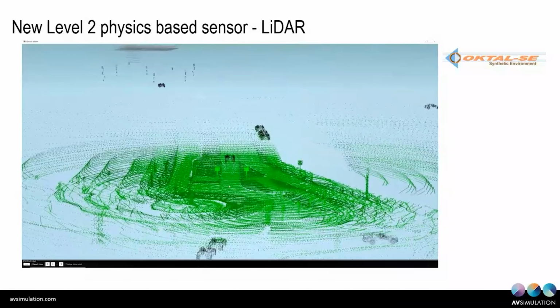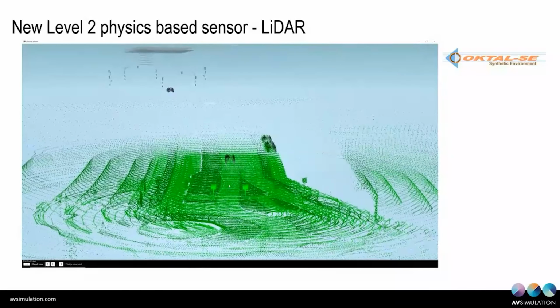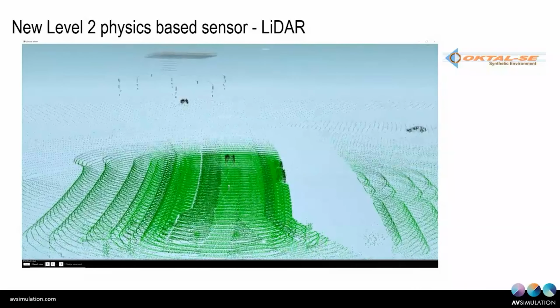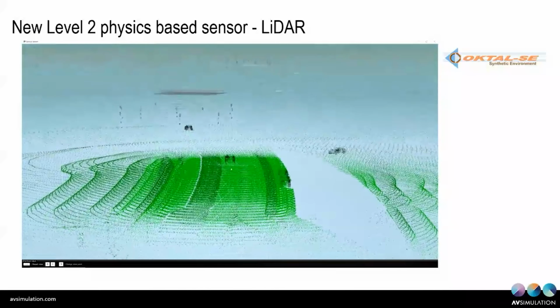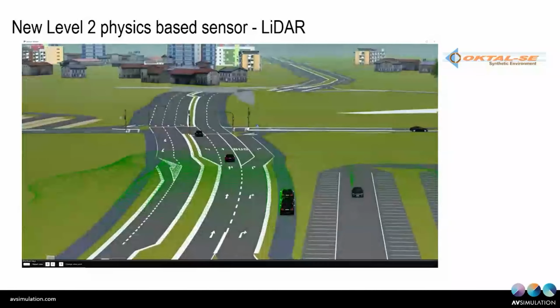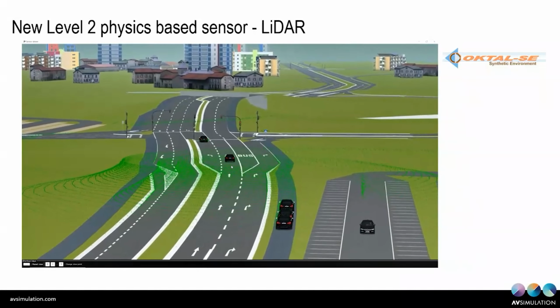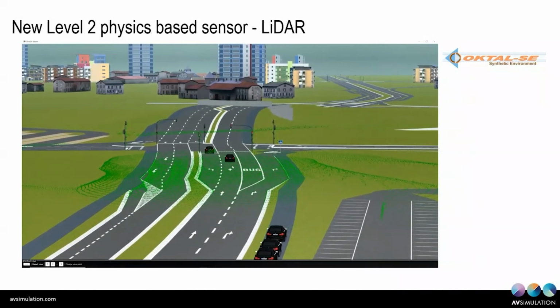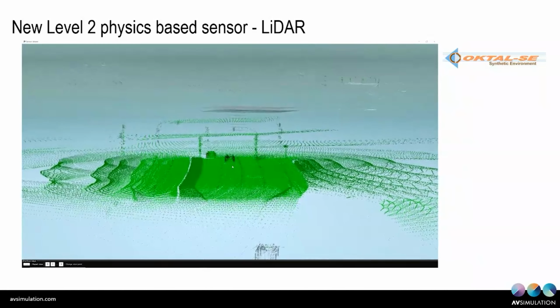So if you want to take into account the echo of the scene, for example, if your lidar beam has any echoes on a metallic surface, we'll take into account this echo and all these physical properties to have a more physics-based lidar available in SCANeR Studio.